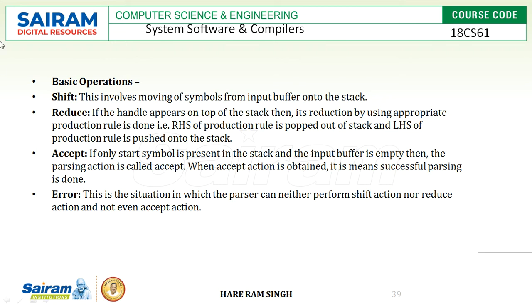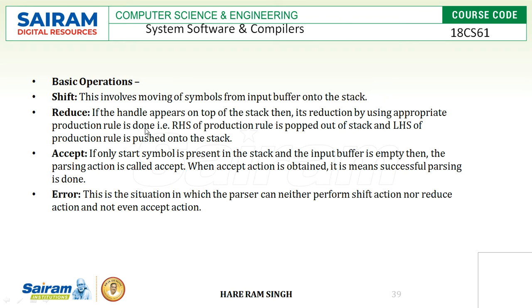Basic operations. The different basic operations can be shift, reduce, accept, or error. Shift involves moving symbols from the input buffer onto the stack. If you are moving any symbol from the input buffer to the stack, then it is called a shift operation. Reduce operation: if the handle appears on top of the stack, then its reduction by using the appropriate production rule is done.